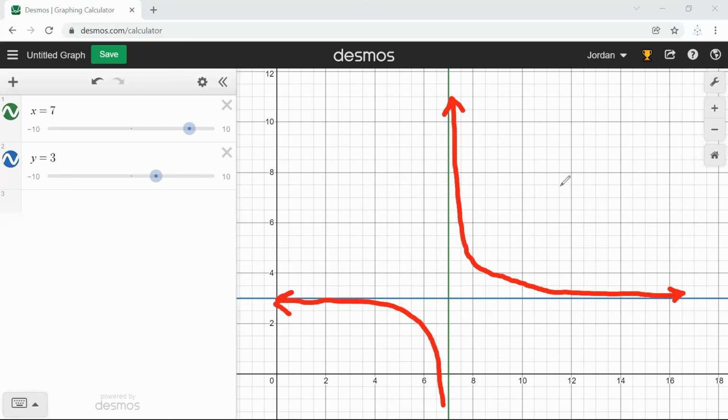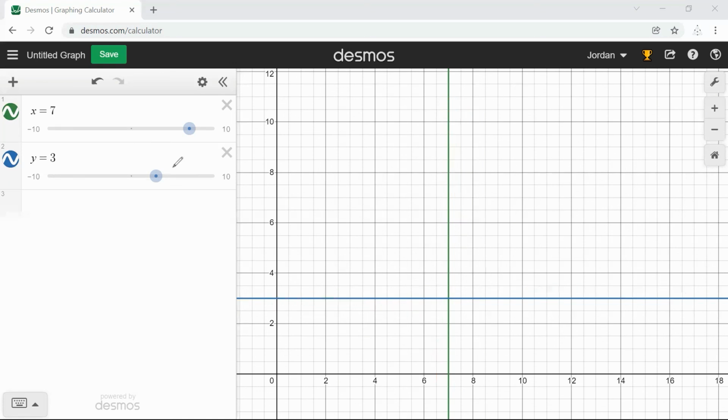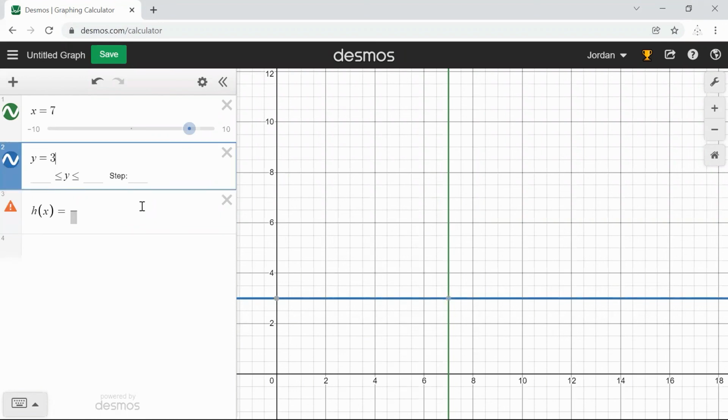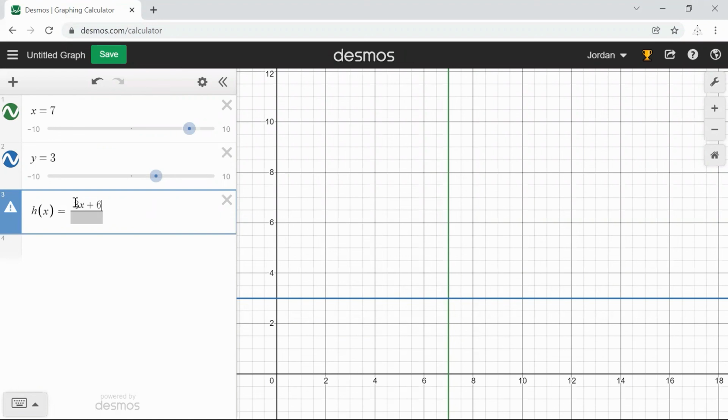If we look at the actual function of what we have, what is that? 3x plus 6 divided by x minus 7. Oh, I was too close, I guess, to the actual things for this to work.